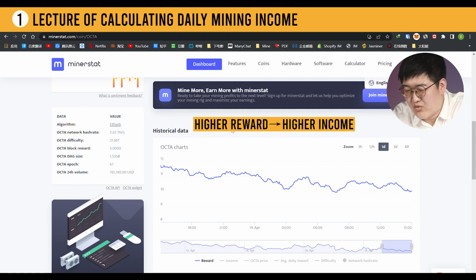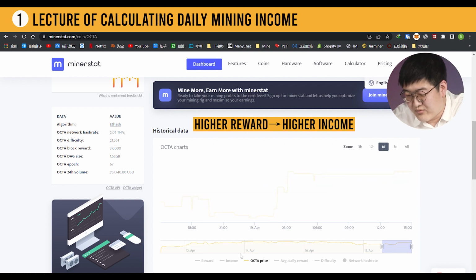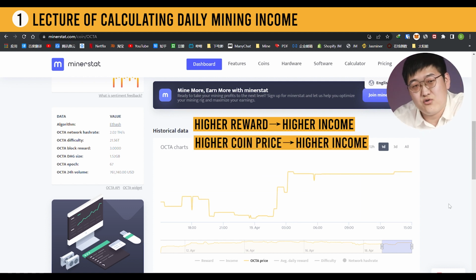So the higher the reward, the higher the income. And the OCTA price, which is the coin price: the higher the price, the higher the USD income. Let's say you are earning 10 OCTA per day, the higher the coin price, the more USD you can earn.